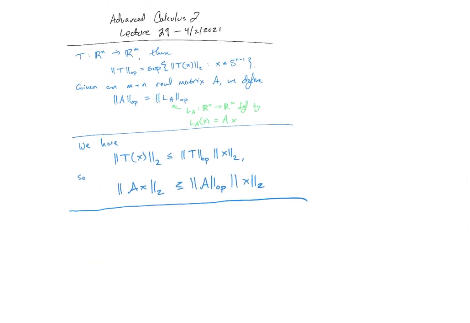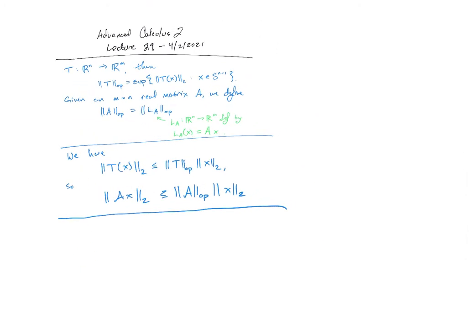Notice that this also works nicely with matrix multiplication because if we want to bound the 2 norm of ABX, let's assume these matrices and vectors are appropriately sized, because otherwise this doesn't make sense.